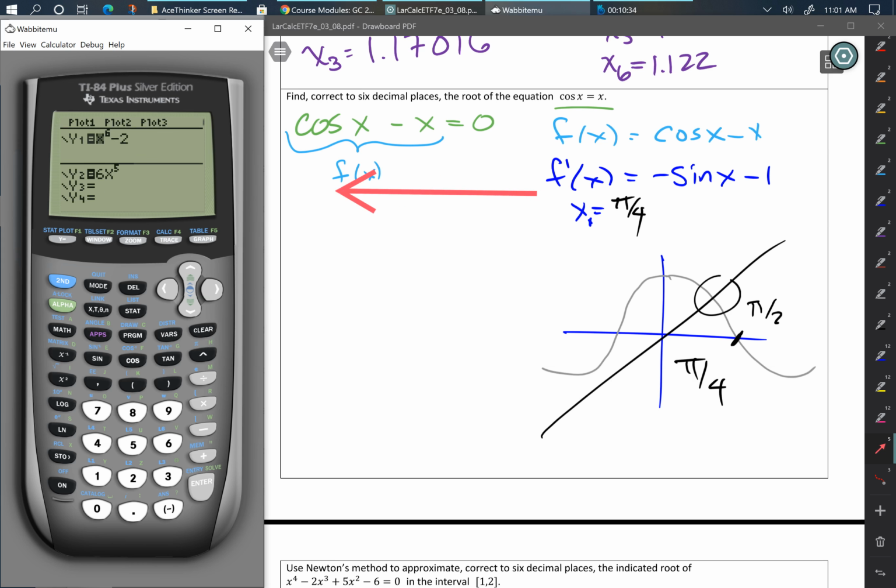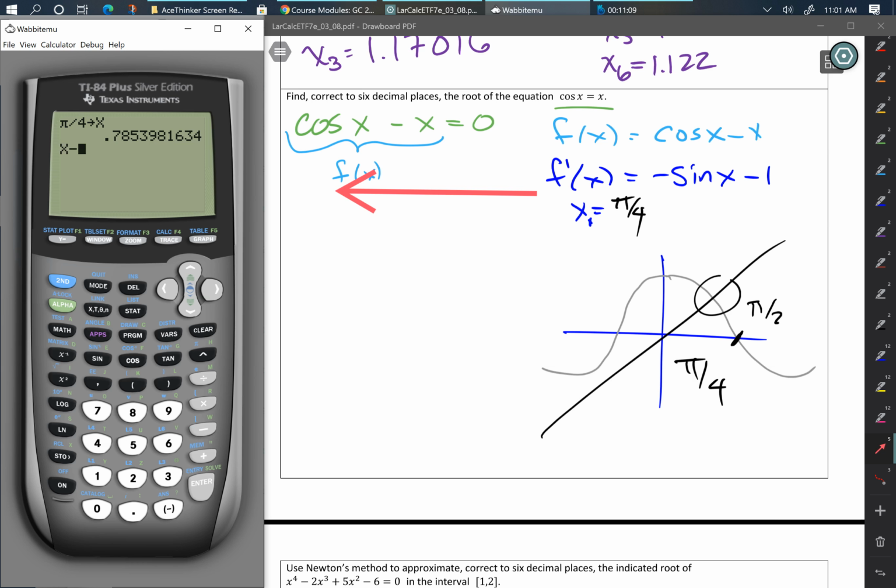So first things first, I need to put f and f prime in the calculator. This was cosine x minus x. This was negative sine x minus 1. I'm going to do pi divided by 4, store into x as my initial guess, and then I do x minus.